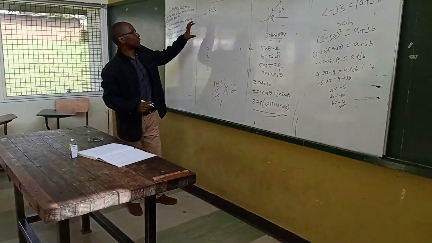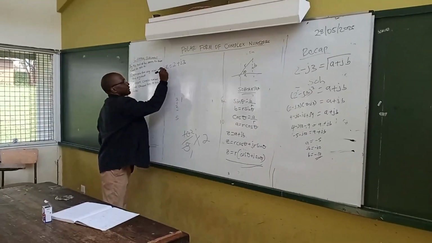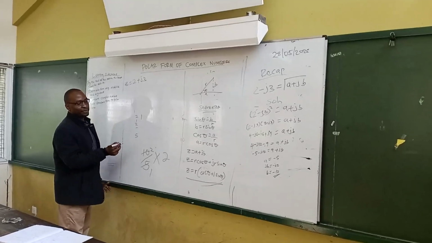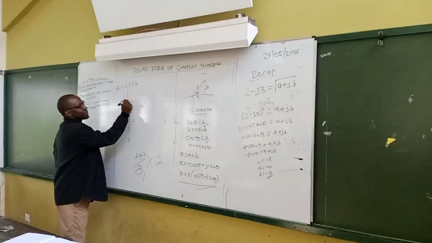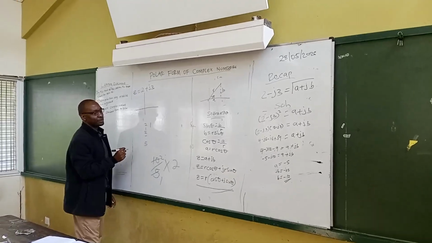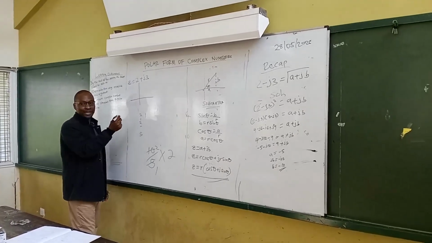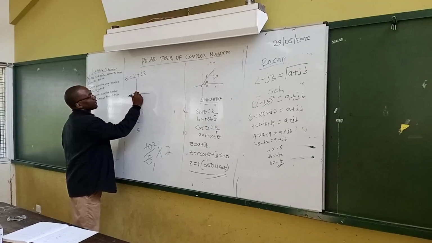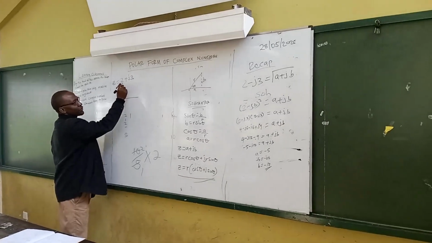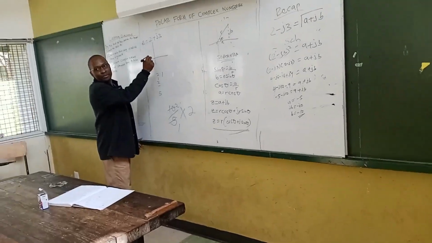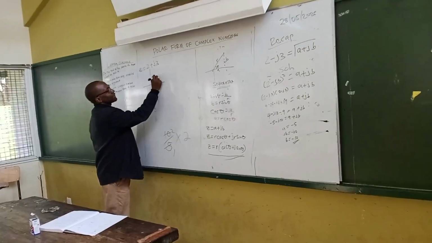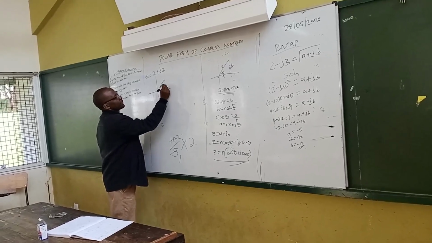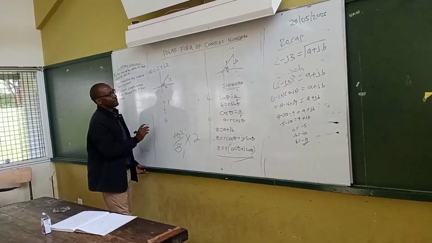So you have been given Z is equal to 2 plus J3. How do you find the polar form of this one? You will first draw the Argand diagram to see where the number lies. From the equation you can tell that it lies on the positive side. So you'll have something like this, theta, then you have 2, 3, right?